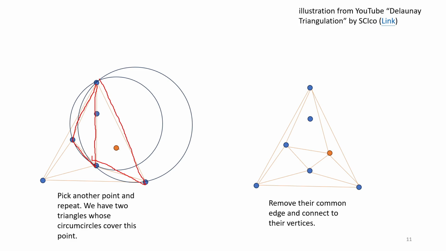Their second circles cover this point. Then again, we remove their shared edge, and then connect this point to those triangles' vertices, this one and this one. Therefore, we got this new triangulation.